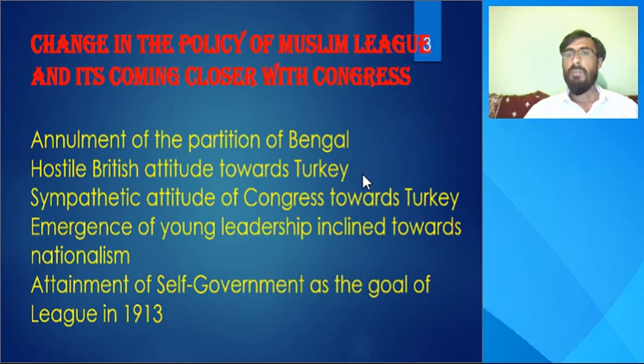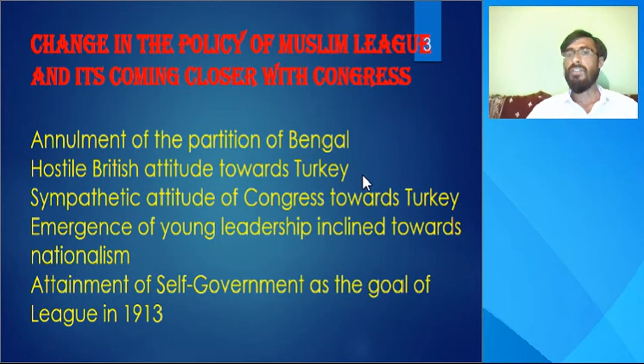The Congress adopted a sympathetic attitude towards Turkey during this time, and this was responsible for bringing Muslim League closer with the Congress. Further, there emerged young leadership among the Muslim League which was inclined towards nationalism.